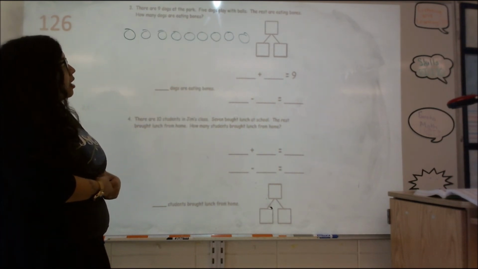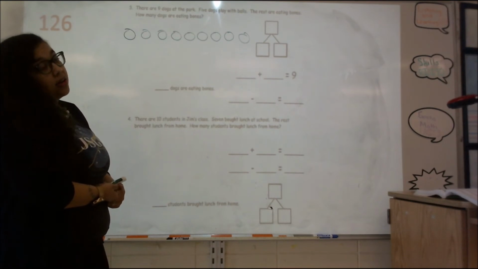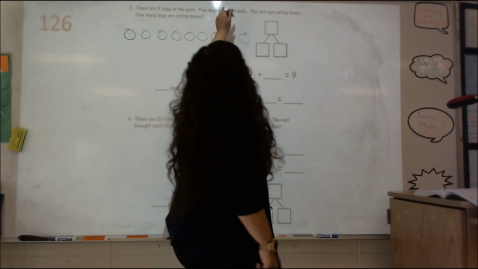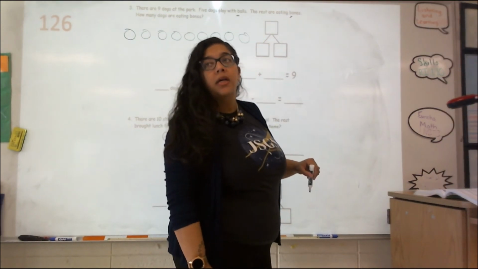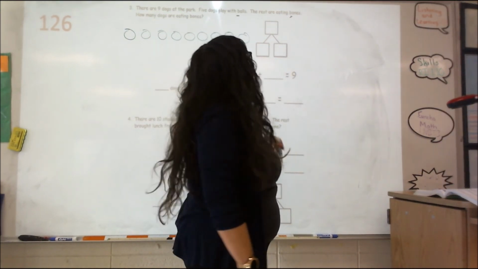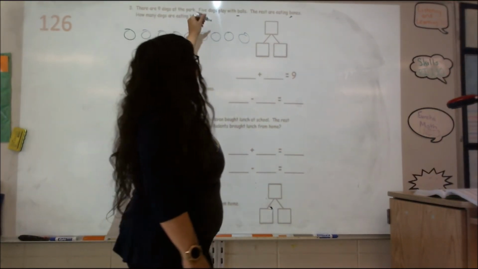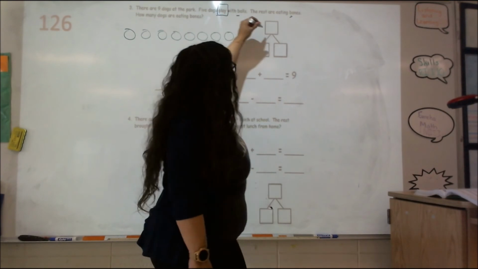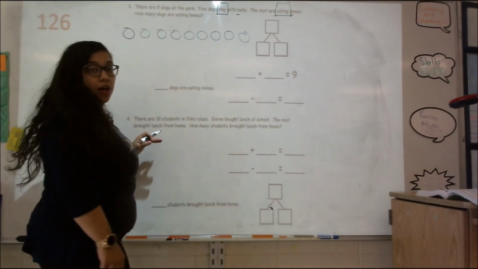So there are 9 dogs in the park. 5 play with balls. The rest are eating bones. Okay, so we know what 5 of these dogs are doing. The problem is balls and bones both start with the letter B. So I'm going to label the first set with this P for play, and then my mystery will be the E for eating. So how many are playing with balls?